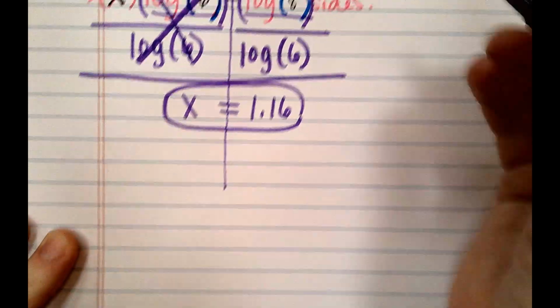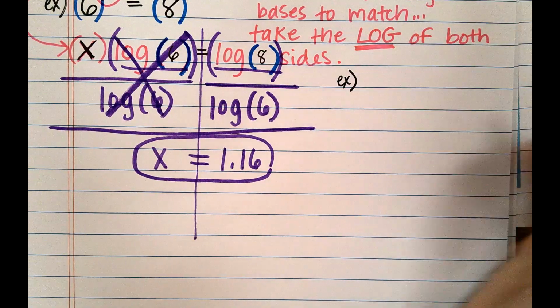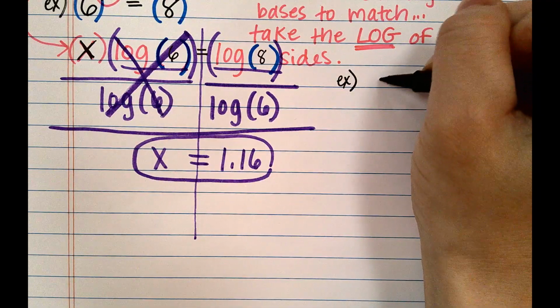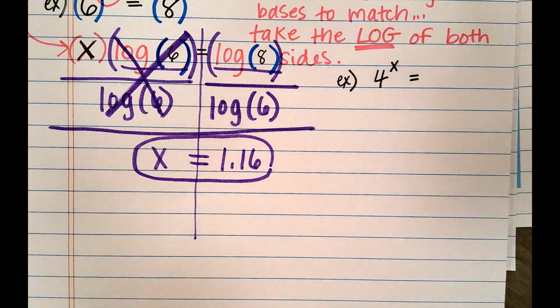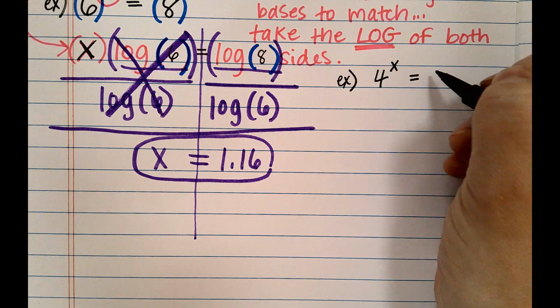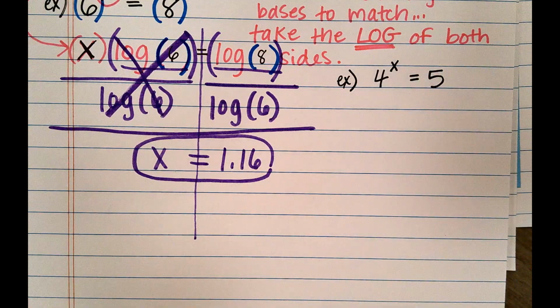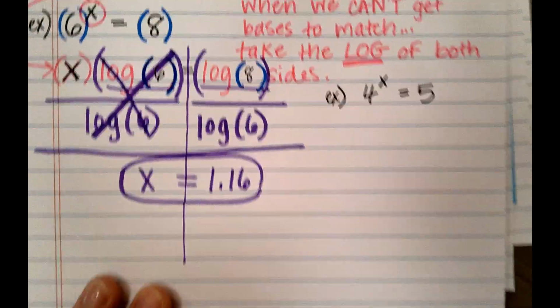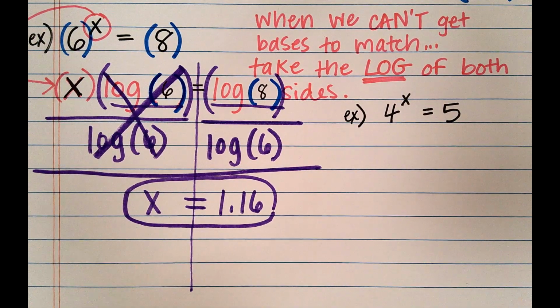So I'm gonna do it right over here beside another example. How about 4 to the x power equals 5. Look at the problem we just did. What should we do here?